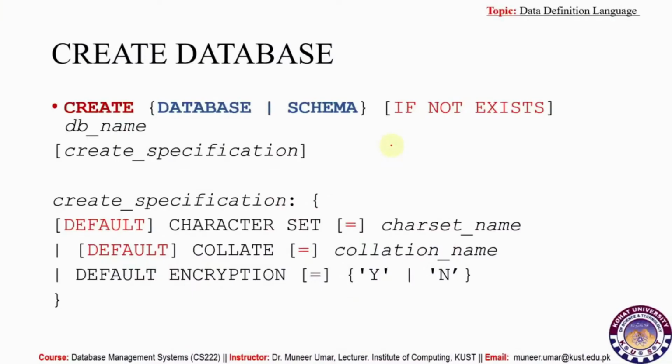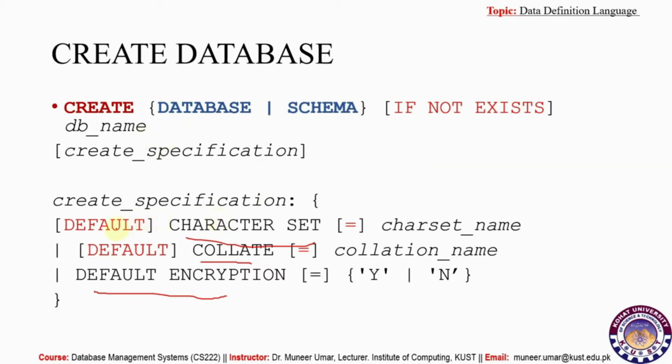In the create database query, we can also specify some additional specifications like the character set, the collation, and the default encryption. For that purpose, we must type the same query as we did, create database or schema, and we can also type if not exists, then the database name, and after that we must specify the character set.